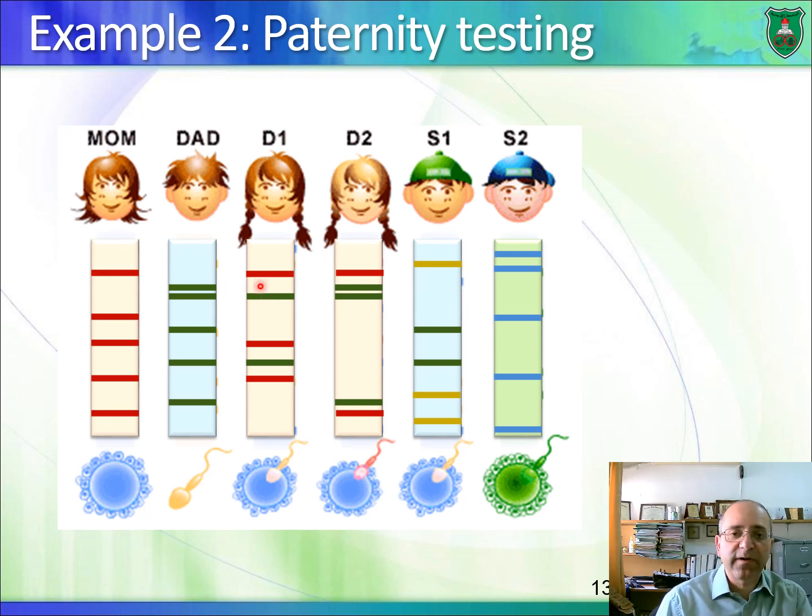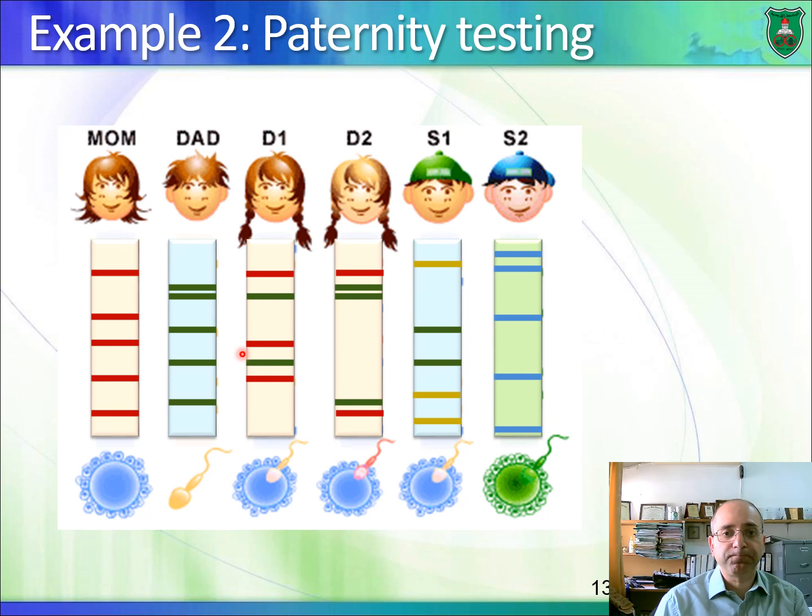Okay, so this fragment right here has the same size as the fragment that appears in the mother's genetic profile or molecular fingerprinting. So we can say that it appears that this fragment comes from the mother's. Well, let's look at this one here. It exists also in the dad's profile. So we say it appears that it comes from the dad's DNA.